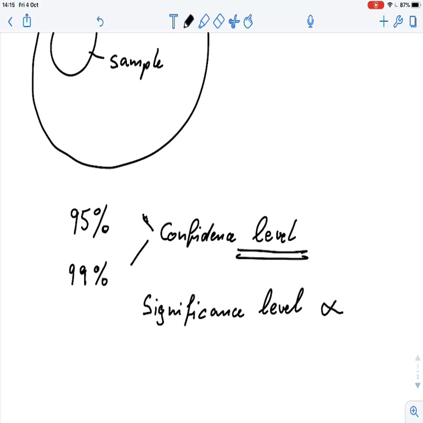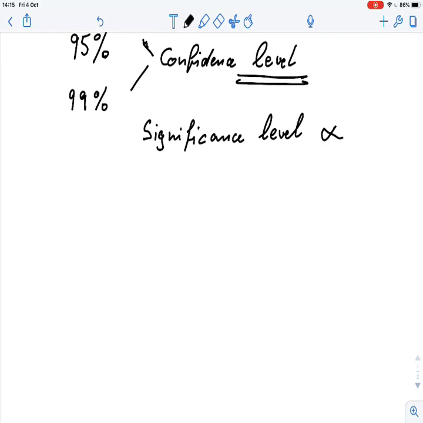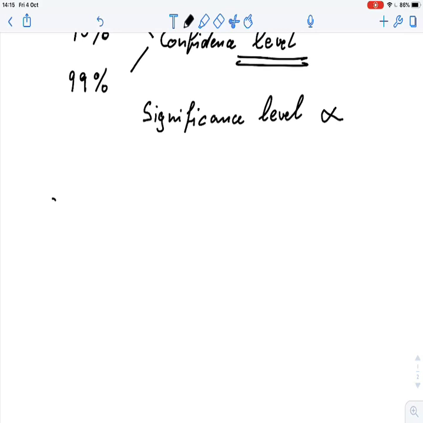And for a lot of people, it is a mystery, how do you find a significance level if you've been given a confidence level? Well, the answer is very, very simple. Because confidence level plus alpha always adds up to 1.